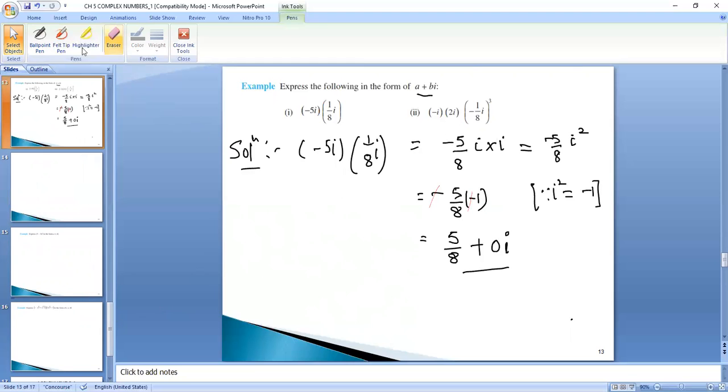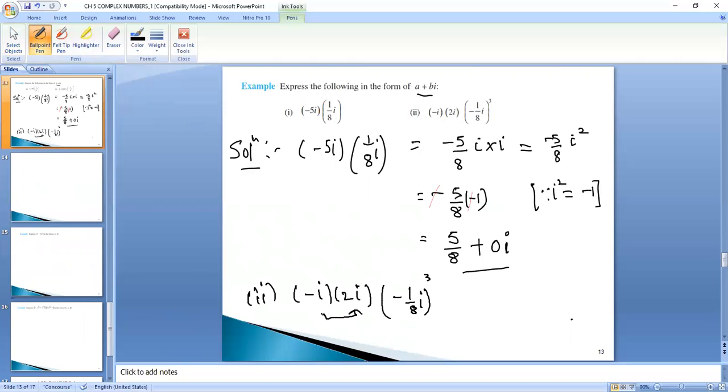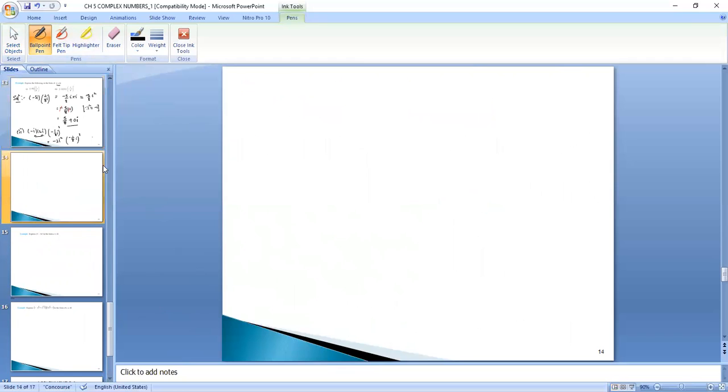The next is multiply minus iota with 2 iota with minus 1 by 8 iota cube. So first I am solving these two brackets. It will be minus 2 iota into iota. I am writing directly iota square into minus 1 by iota cube. Minus 1 by 8 iota cube means minus iota by 8 we will multiply 3 times, right?